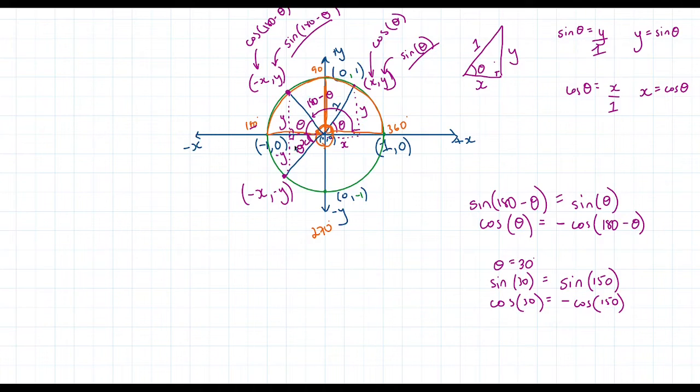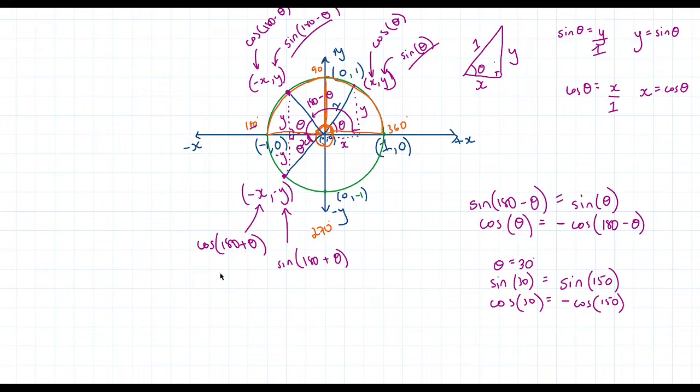And let's define this angle from our positive x-axis. Well, it's going to be 180 plus theta. So this will be given by sine 180 plus theta, and this value will be given by cos 180 plus theta.